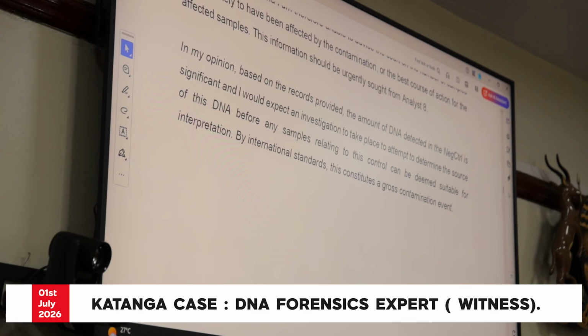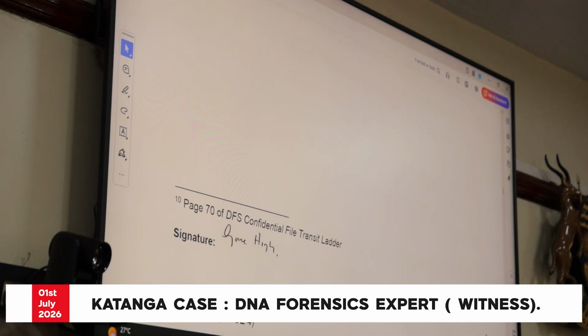In my opinion, based on the records provided, the amount of DNA detected in the negative control is significant, and I would expect an investigation to take place to attempt to determine the source of this DNA before any samples relating to this control can be deemed suitable for interpretation. By international standards, this constitutes a gross contamination event. What page is that of your report? That is page 11.